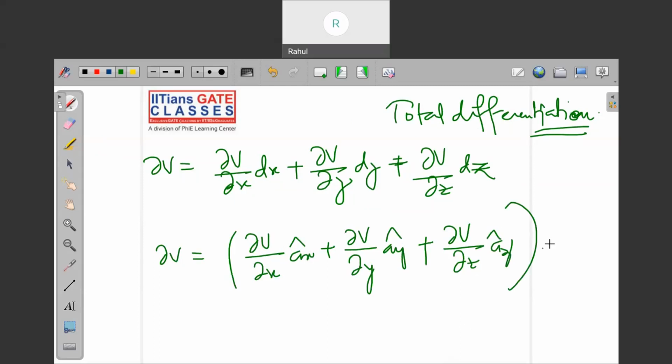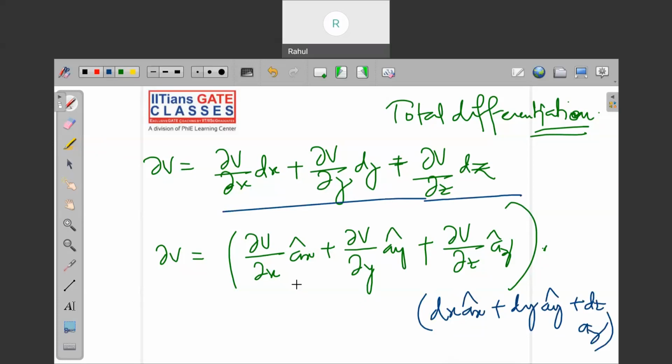Now there is a dot product with another vector, and that vector will be what? That vector we are going to take is the differential length, that is dx ax cap, dy ay cap, and dz az cap. So if you take the dot product of these two vectors, you will get this.